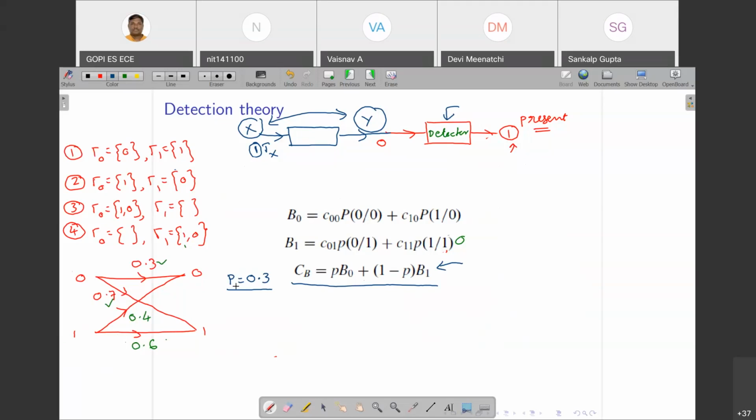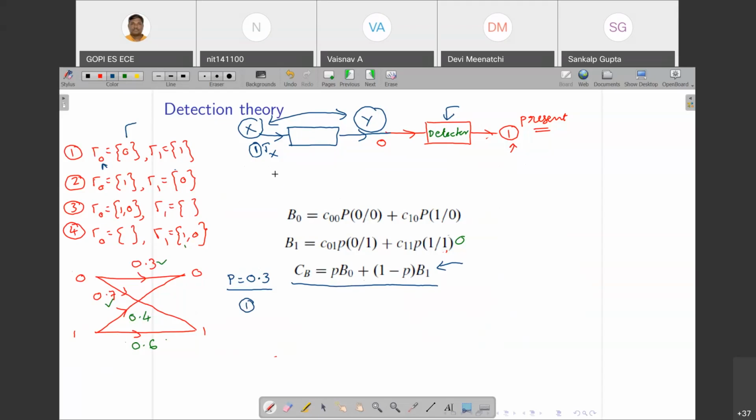So now we'll calculate this for every rule. Say for example, that first rule. What does the first rule say? When y is 0, you are going to declare that it is 0 here, right? So you need to find out what is that Bayes cost.